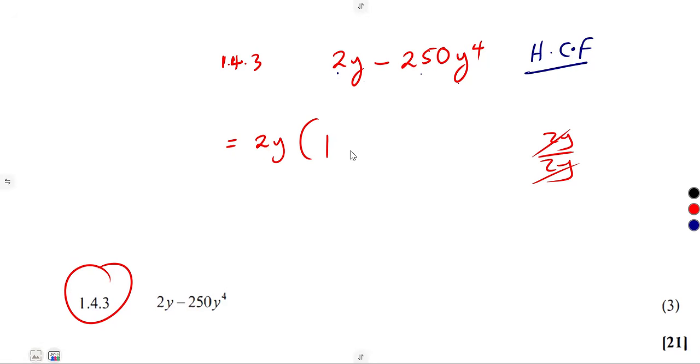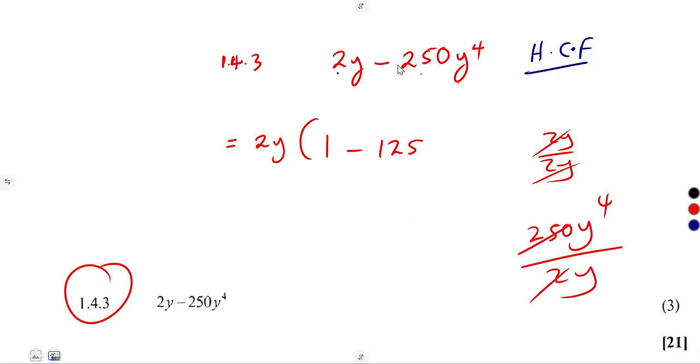Then minus 250y to the exponent of 4 over 2y. So it was going to be 250 divided by 2, which is negative 125. Already there was a negative there. Then y into y to the exponent of 4, we are going to remain with y to the exponent of 3.